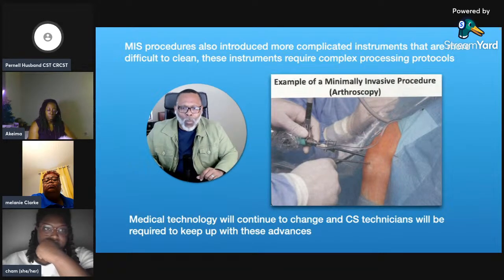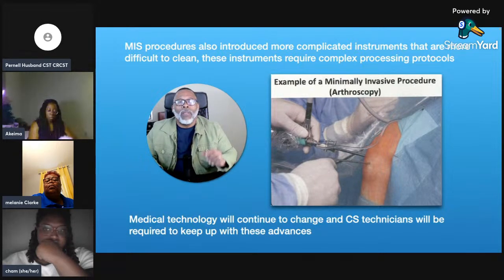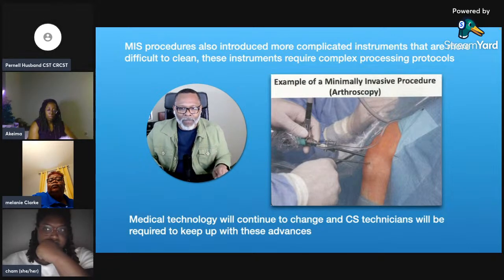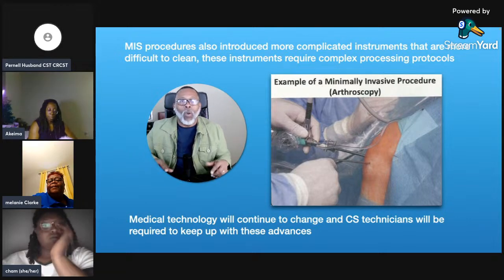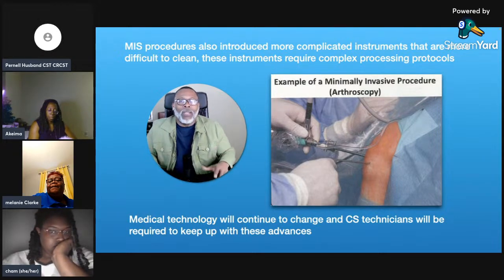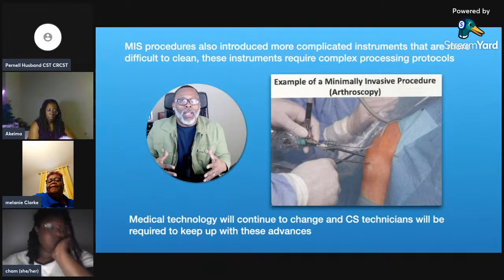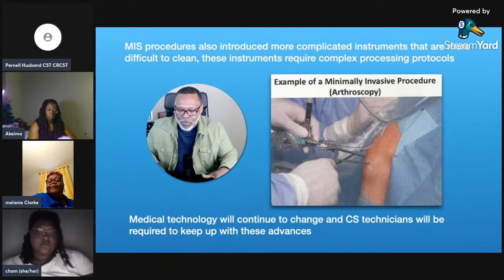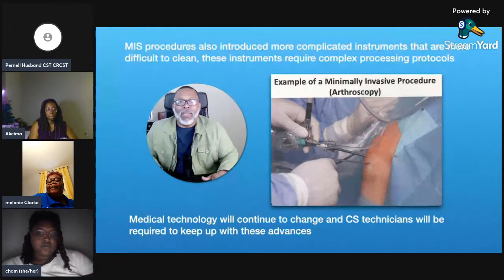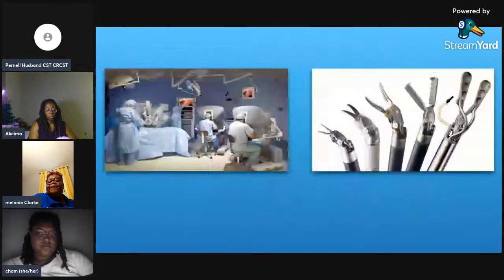Medical technology will continue to change. The medical field is one of constant innovation, and CS technicians will be required to keep up with these advances. Just like the whole world around us, everything is moving to AI and integration when it comes to electronics and computerization. Healthcare is absolutely no exception.